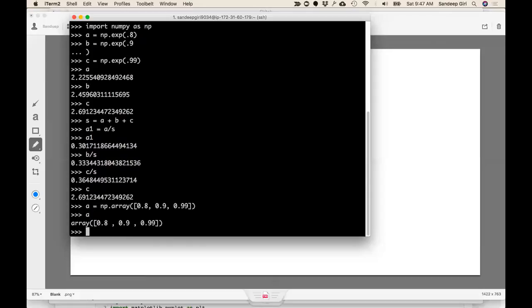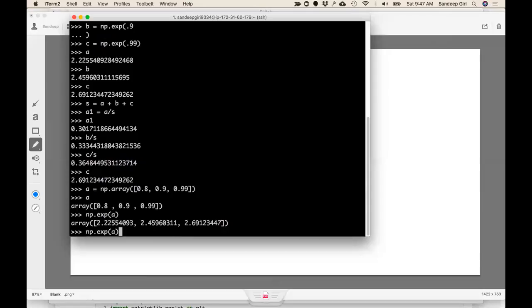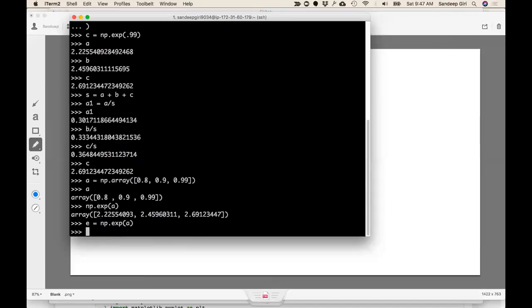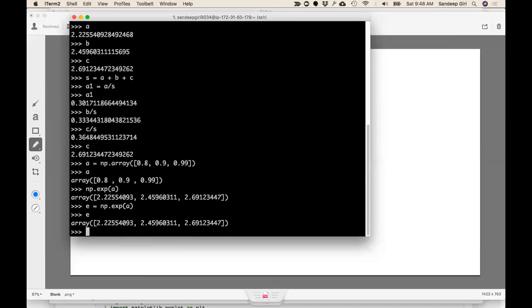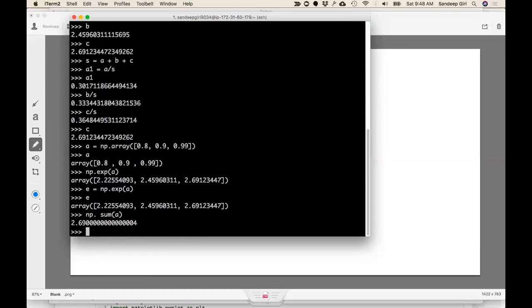Okay, so we are saying np.exp of A. Let's call it E. So we have this E, and the summation of E is how much? 2.69, okay. That's our sum.